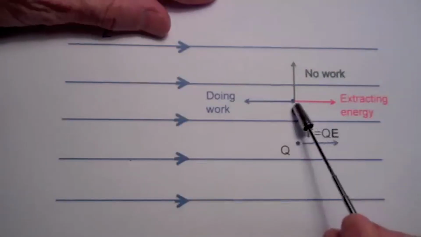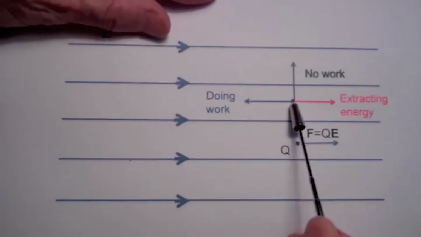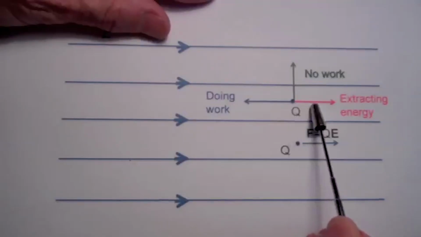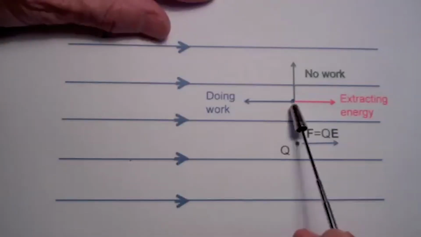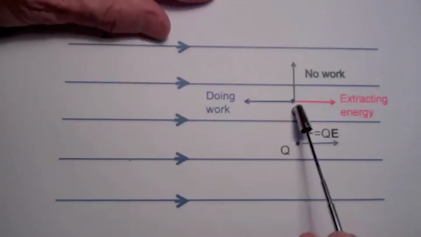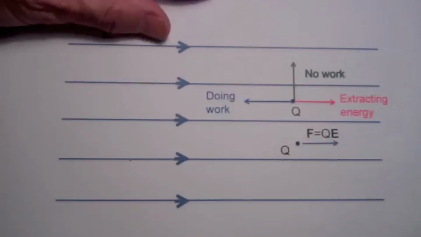Now, if we let the charge go, there's a force due to the electric field, so it will accelerate to the right, and so it is gaining kinetic energy. So the electric field is doing work on the charge and converting the potential energy into kinetic energy as the charge moves to the right.